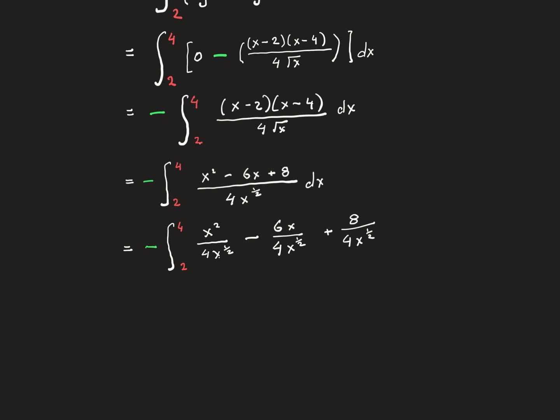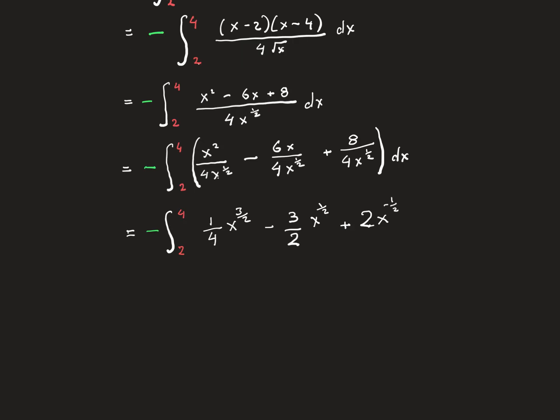I've separated all the terms, but I must embrace them with this brace here and include the dx. Now I will need to simplify everything. And once again, I'll brace it and dx. So we got so far to the stage where now we can start integrating this.